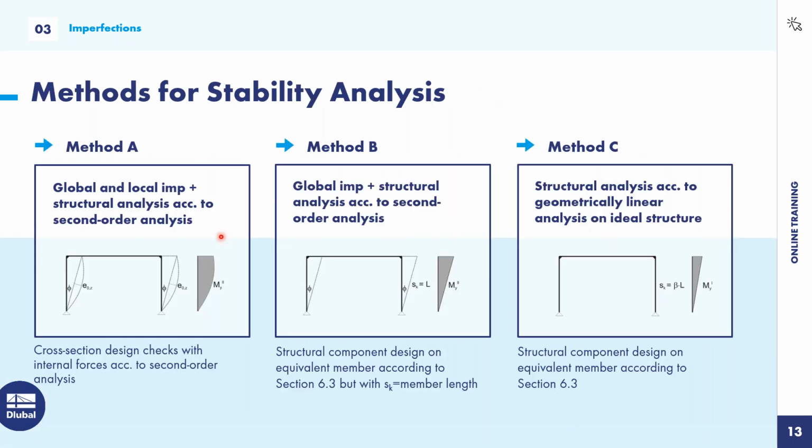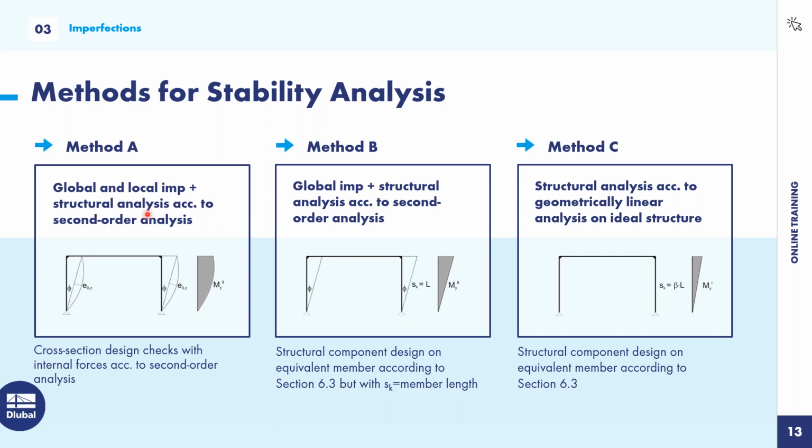Okay, so what methods do we have for stability analysis? When do I need to consider these imperfections, which we handled on the last slide? Normally only when I do second order analysis. On the left side, we have one method. This is method A. Here we consider a global and local imperfection, and we calculate the structure according to second order analysis.